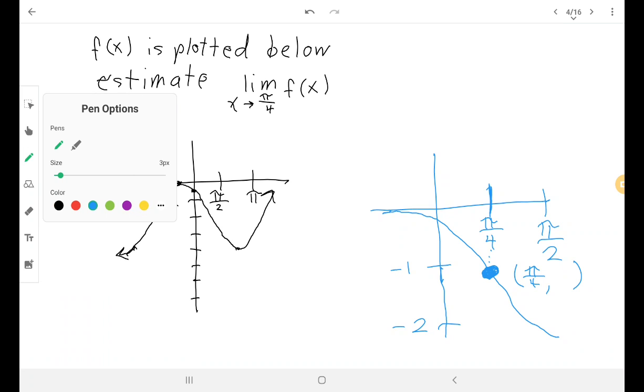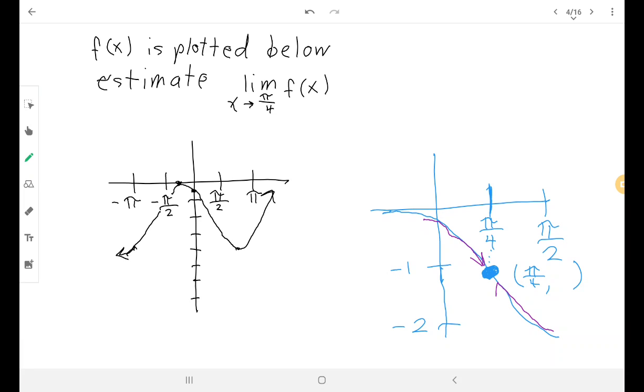Let me switch colors here so I can sort of draw over this. First of all, for this point, as I approach this point along the graph from the left and from the right, am I approaching the same value? That helps tell me whether the limit exists at all.